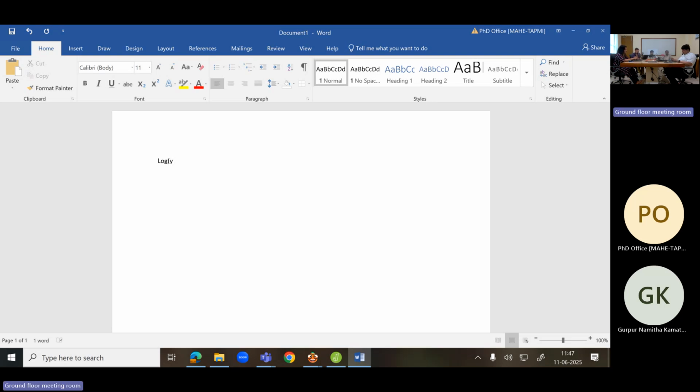Now y equal to. Please remember that whenever you are writing a logistic regression equation, it is always for level 1. So in general I'll write y equal to 1.